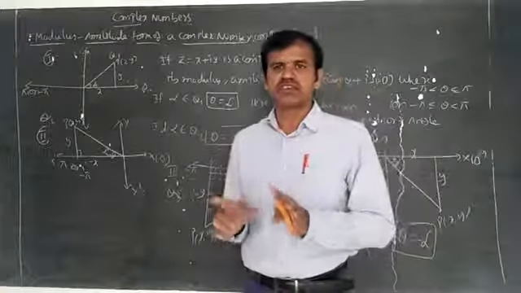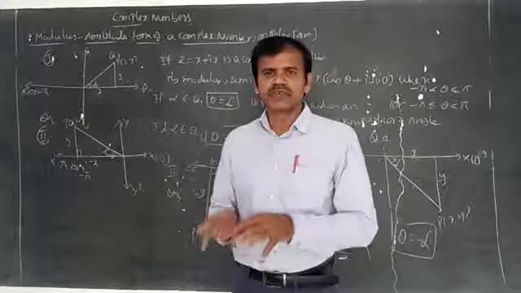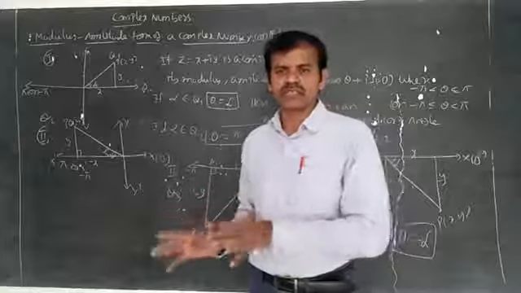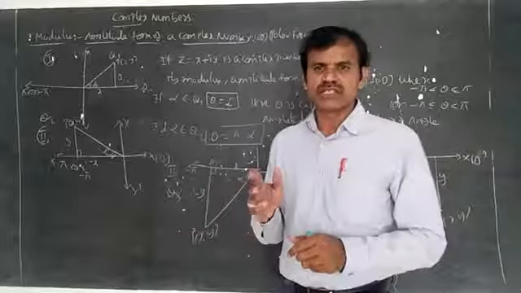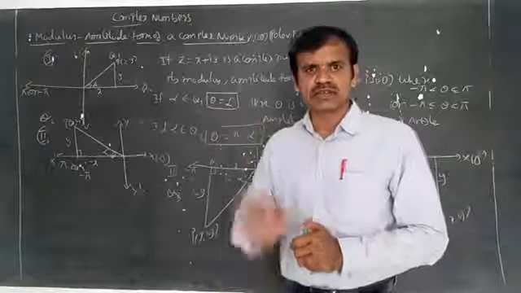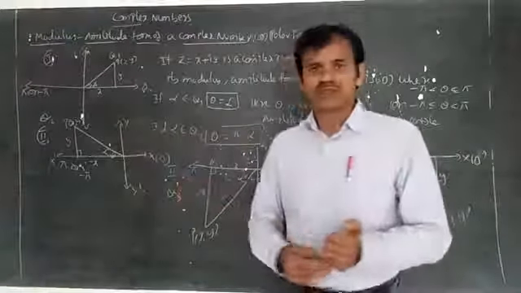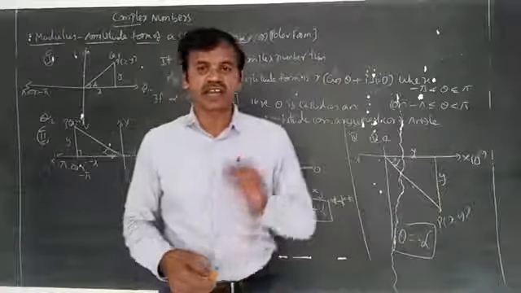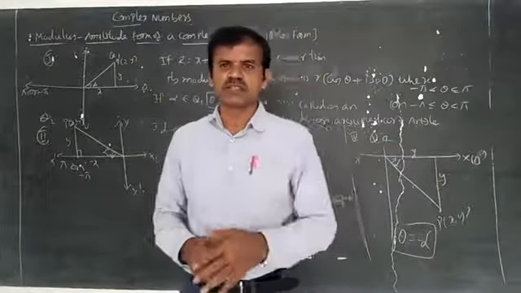If it is in the first quadrant, you should write simply theta is equal to alpha. If it is in the second quadrant, theta is equal to pi minus alpha. If it is in the third quadrant, theta is equal to minus pi plus alpha, but not pi plus alpha. Students understand? Minus pi plus alpha. If it is in the fourth quadrant, it is not at all 2 pi minus alpha. It is simply theta is equal to minus alpha.